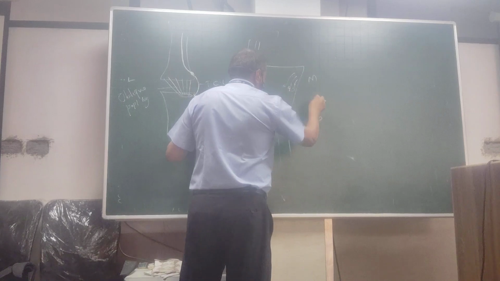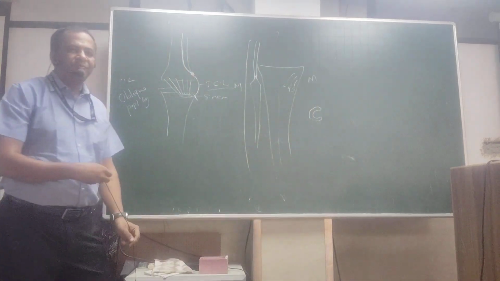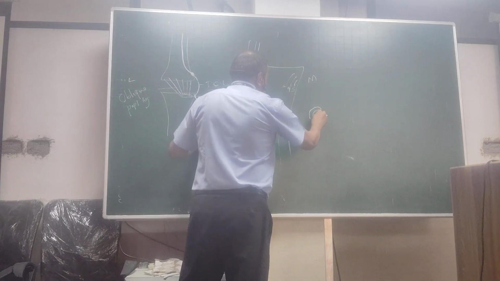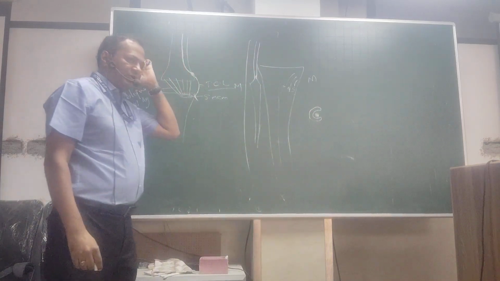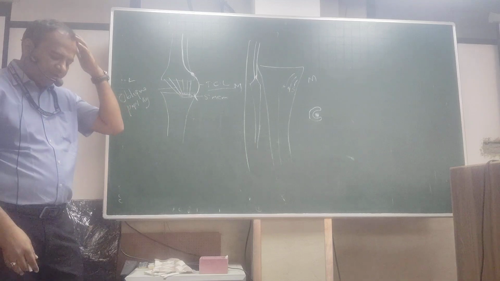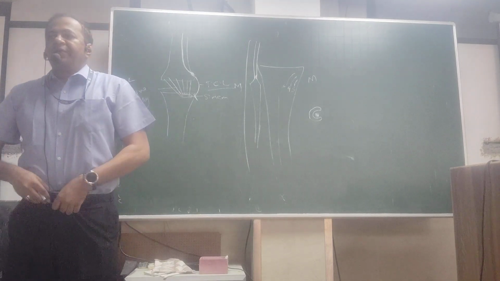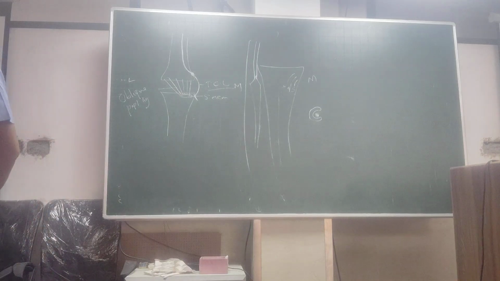And inside the C is the fibular collateral ligament of the knee joint. On the apex of the fibula, you see the insertion of biceps femoris.